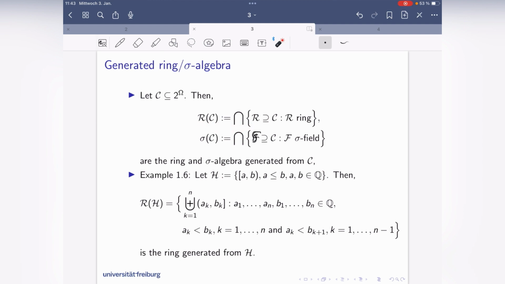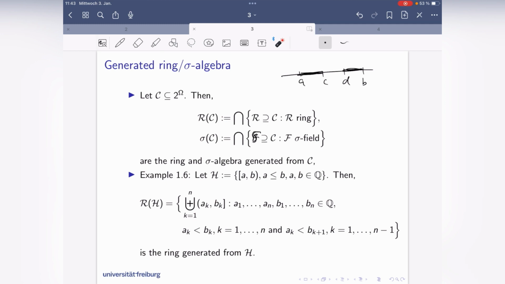We already saw that there is one property which makes this set system H only a semi-ring and not a ring. If I have A, B, C, D, the set difference of these two intervals, so AB without CD, is the interval from A to C union D to B. And this union here is a disjoint union. Okay, that's why that's also a semi-ring.